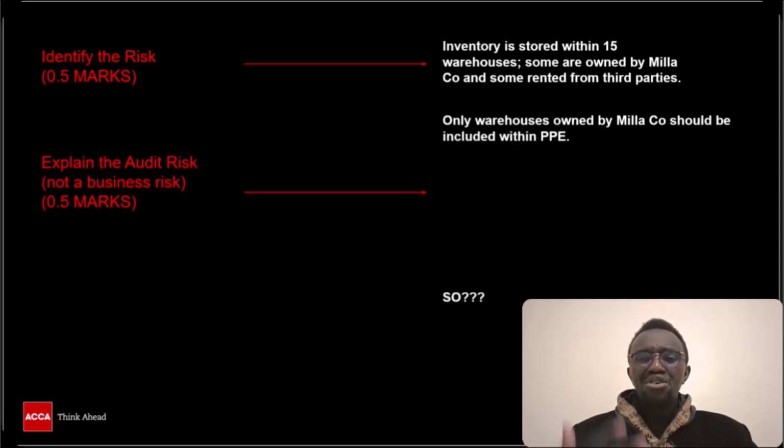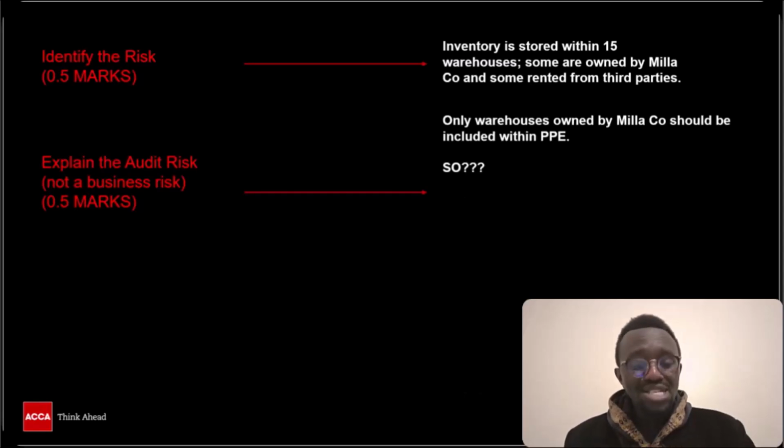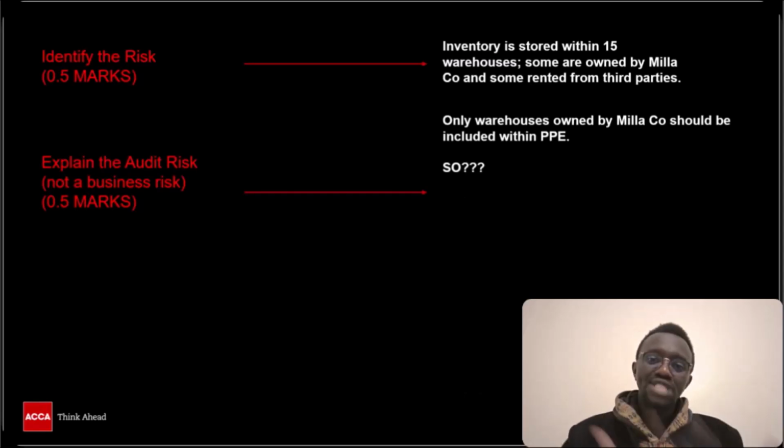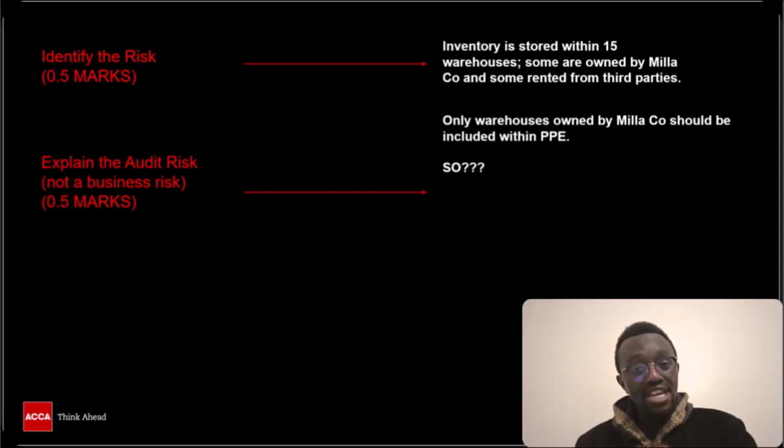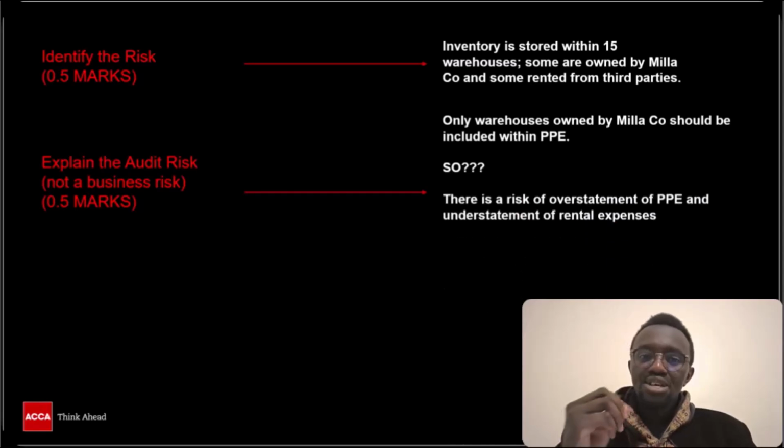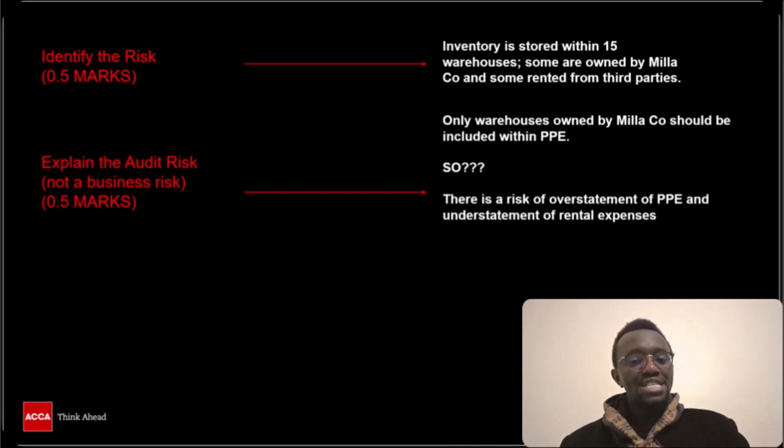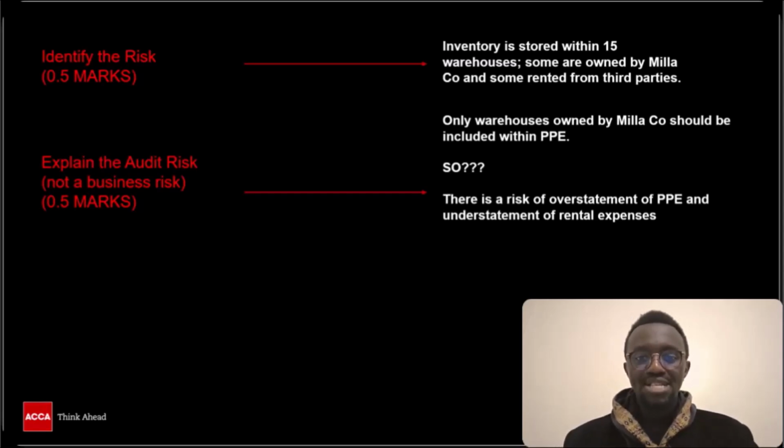That's an objective. So what? If you stop there, you've still not told me why it's a risk. Fine, the objective might state that. Fine, the standard might dictate it. But what does that necessarily mean? So there's a risk of overstatement of PPE and understatement of rental expenses.